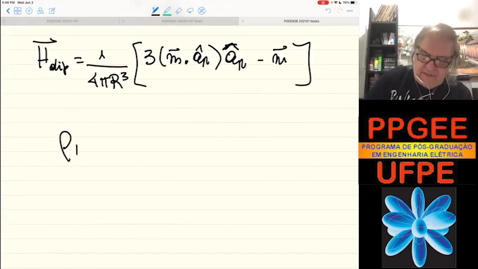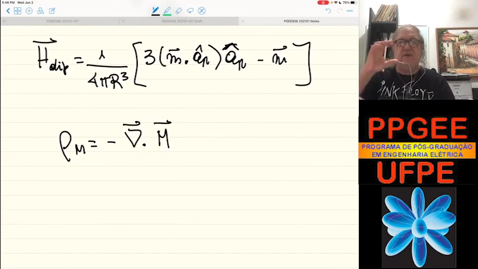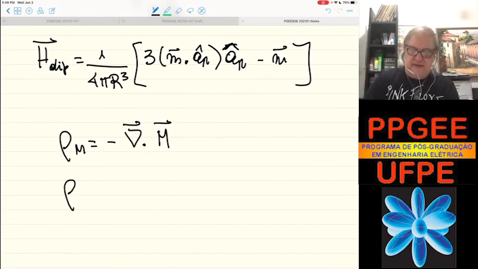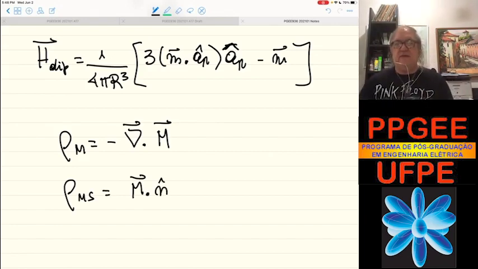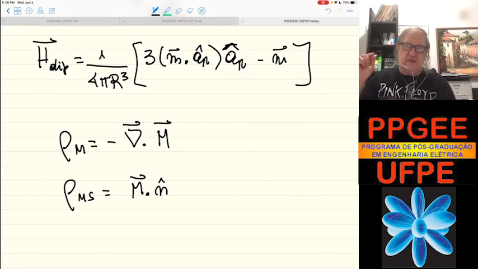We replace the sphere by a distribution that on the volume is given by that. On the surface it equals m dot product with the normal direction that points outwards of the sphere.